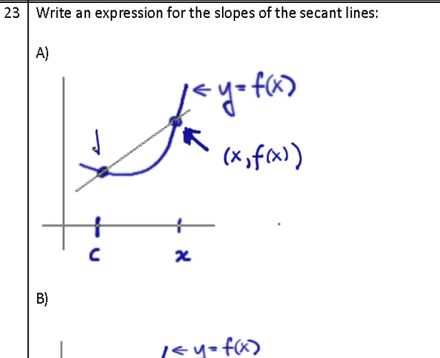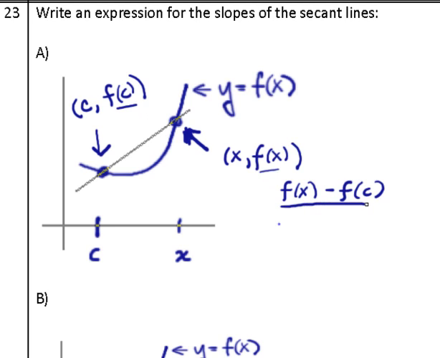And here this point has coordinate c, and the corresponding y value using function notation is f of c. So the slope will just be the difference of the y values, that's f of x minus f of c. These are the two y values. And then the difference of the x values in the denominator, that's x minus c.